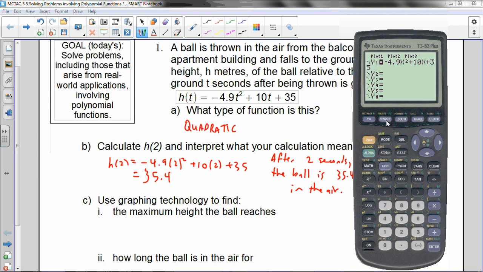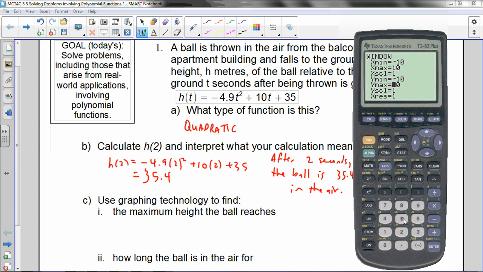And when I first graph it, I'm going to have some strange window settings. I might try zoom standard and hope for the best, but I know it's not going to work because the y-intercept is 35, and it goes up to 35 after 2 seconds, the standard is from -10 to 10, and that's not going to work.